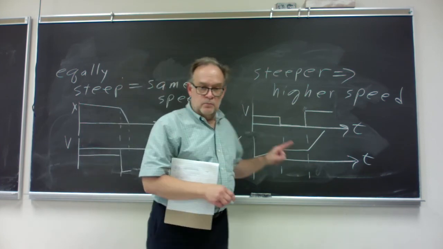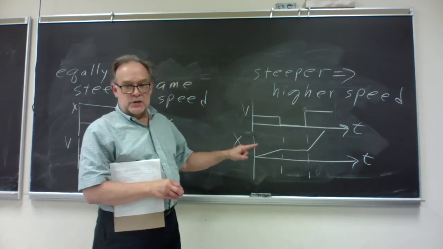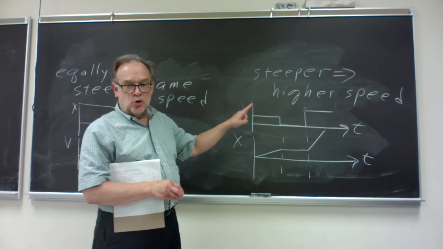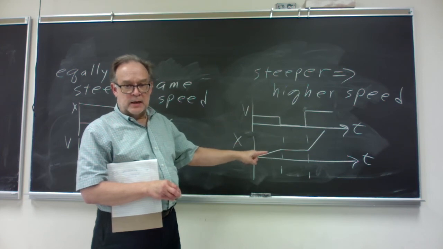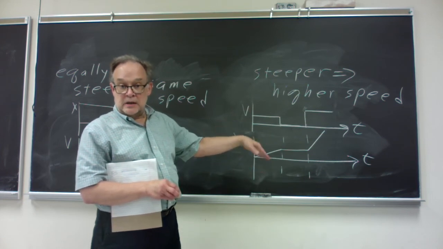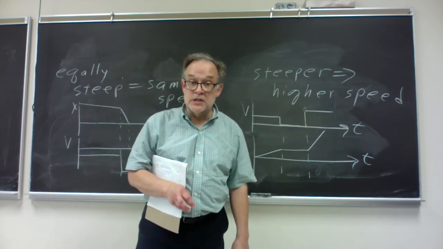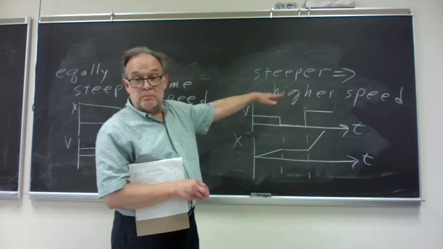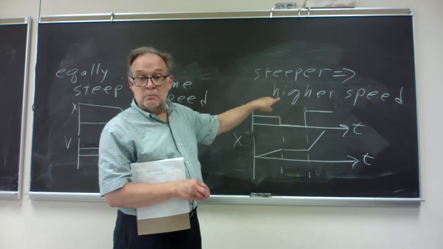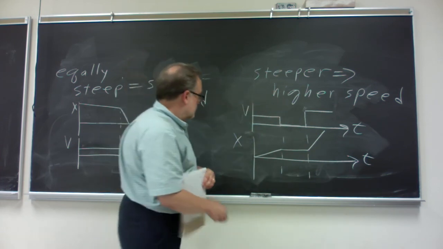Now, one thing to notice, this tells you the slopes of this line, but there are lots of position lines that could all have the same slope, and therefore they would all correctly correspond to this.